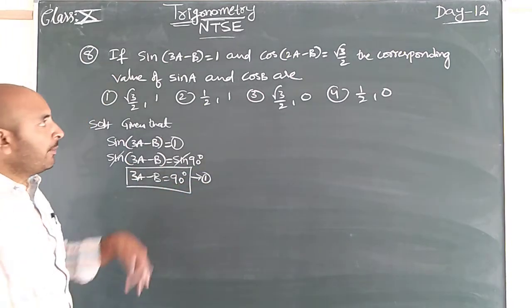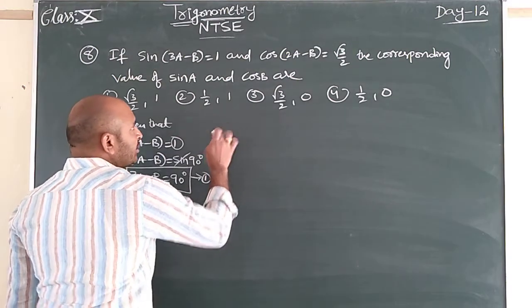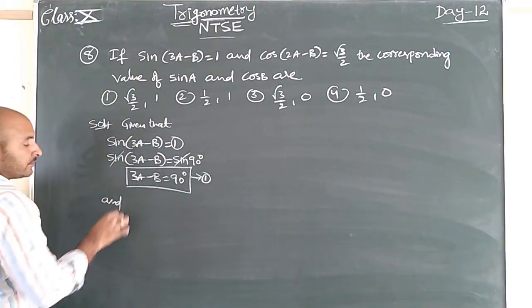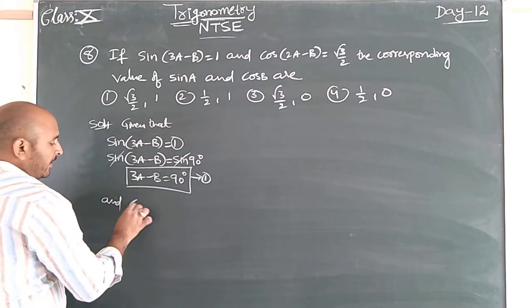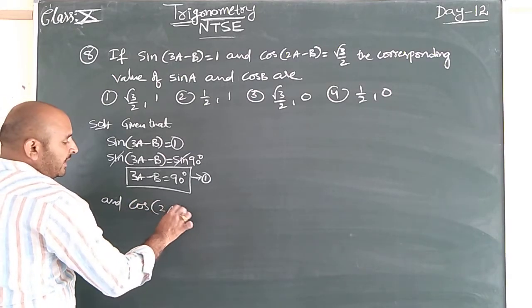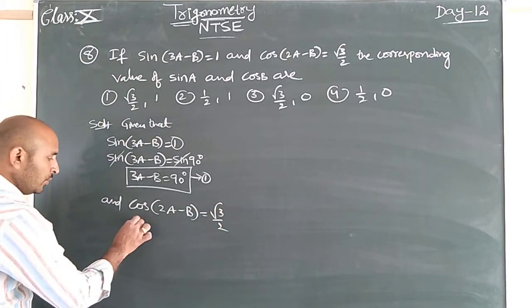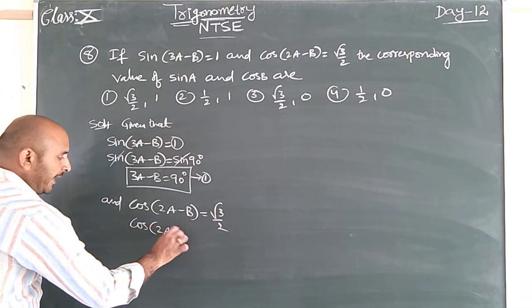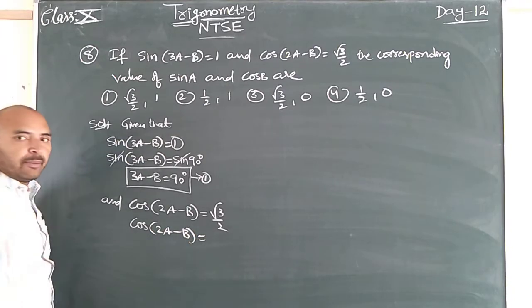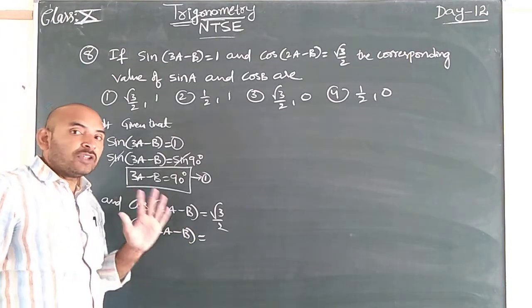Coming to the second condition: cos of (2a minus b) is equal to root 3 by 2. How can you write this as a cos angle?